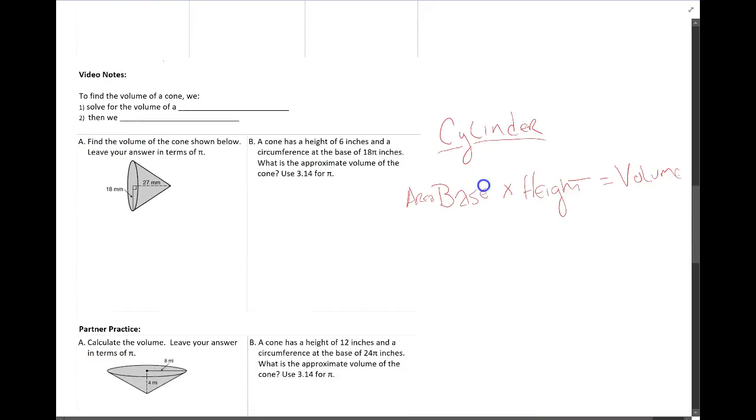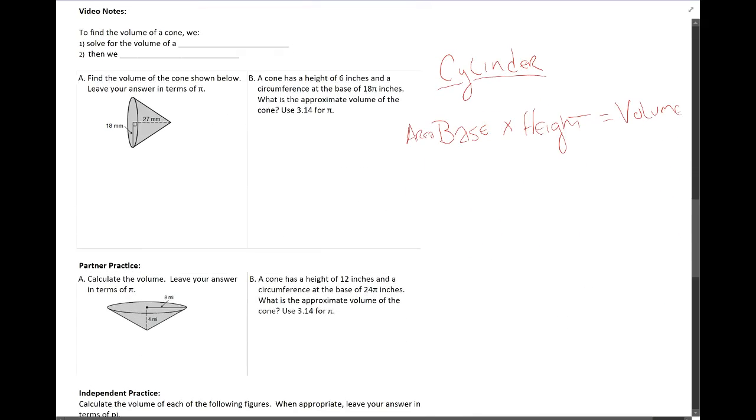The volume of a basketball is the amount of air you can put inside the basketball. So if I'm looking at the volume of a cylinder, I know it's the area of the base times the height. Area of the base, remember, is pi times the radius squared, times the height is equal to the volume.